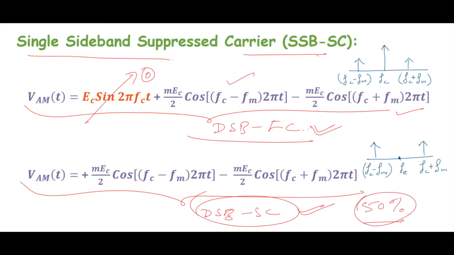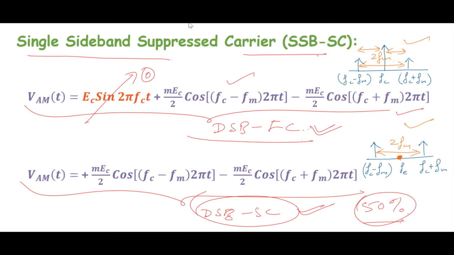But still, if you look at their spectrums, you'll notice that the spectrum has a width of twice fm, I mean fm this side and fm this side, so this becomes twice fm. Similar will be the case in DSB-SC. The only thing is that the carrier is suppressed, but it maintains the bandwidth of twice fm.